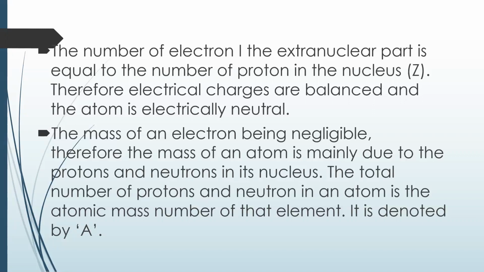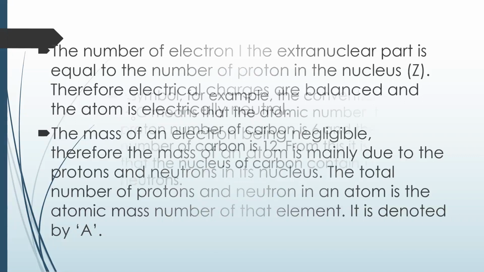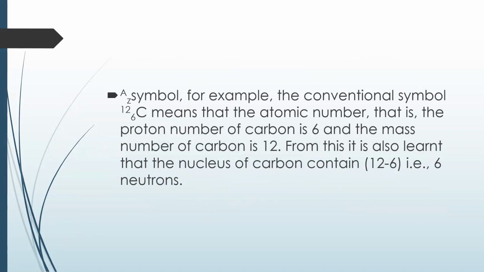It is denoted by A. For example, the conventional symbol 12,6-C means that the atomic number, that is the proton number of carbon, is 6 and the mass number of carbon is 12. From this, it is also learned that the nucleus of carbon contains 12 minus 6, that is 6 neutrons.